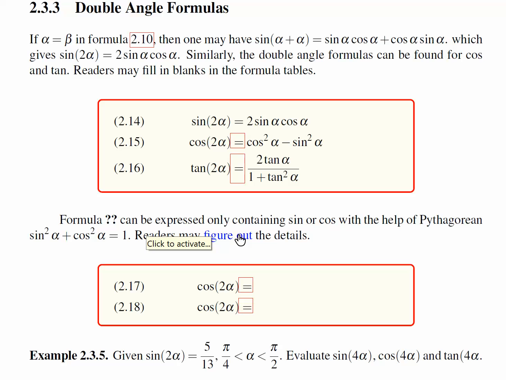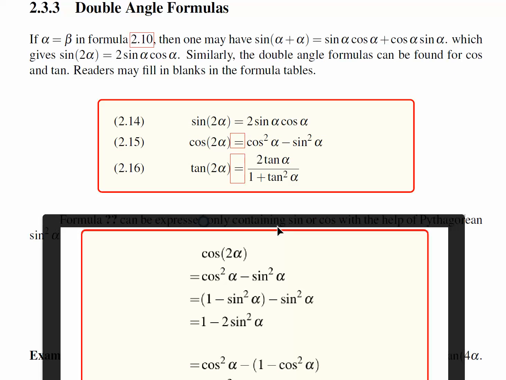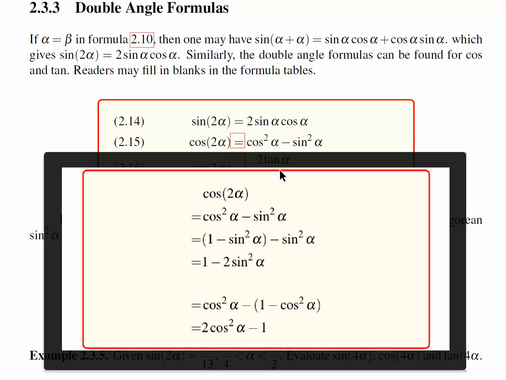We know that cosine 2 alpha is the one right here. But by the Pythagorean theorem, you may have 1 minus sine alpha squared is cosine alpha squared.